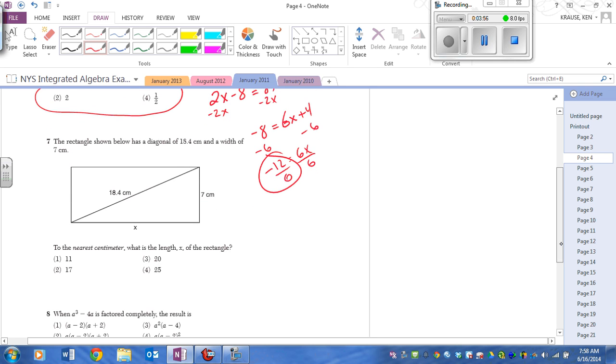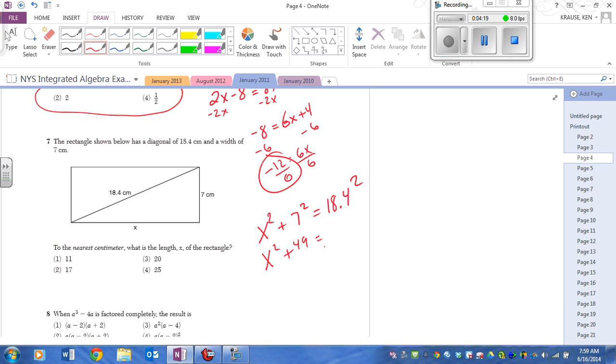Hopefully you recognize a Pythagorean theorem question. Very simply, it's x squared plus 7 squared equals 18.4 squared, which is x squared plus 49 equals 338.56.